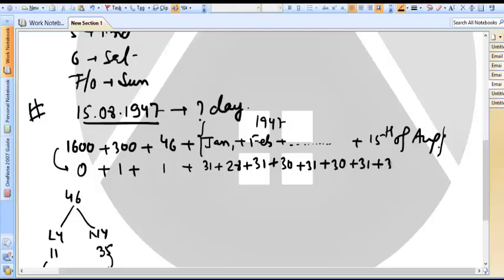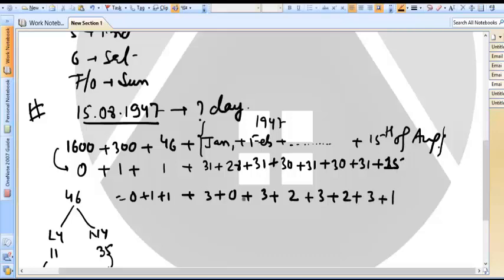This August will be 15 days, right? 15. So this will be 0 plus 1 plus 1. Now here 3, 0, 3, 2, and again 3, 30 will be 2, then 31, 3, and then 15 days will be 1.